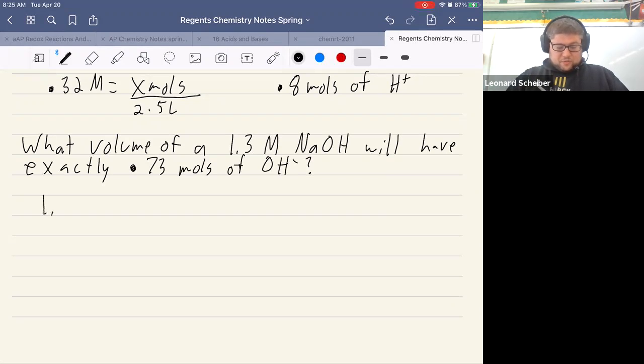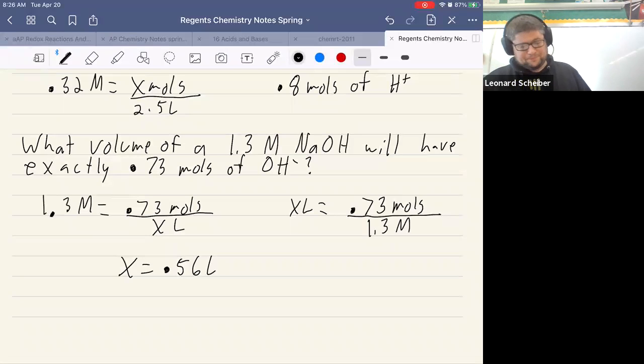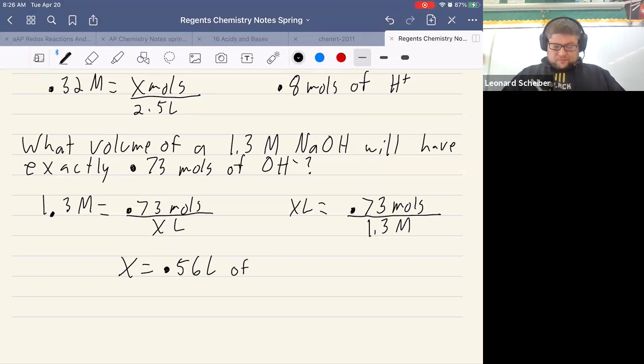So let's set this up again. 1.3 molar equals 0.73 moles over X liters. We've got to do a little algebra. So we'll have X liters equals 0.73 moles over 1.3 molar. X equals 0.56 liters of NaOH. So there we got it, right?